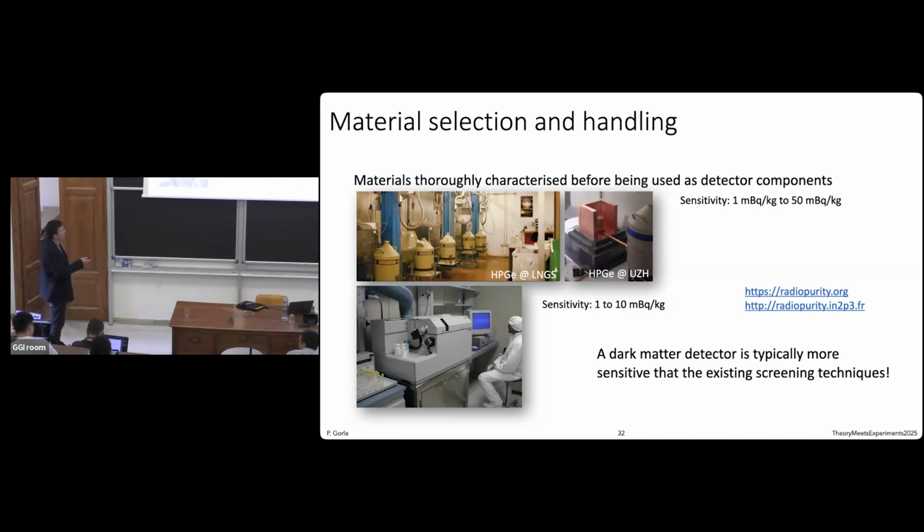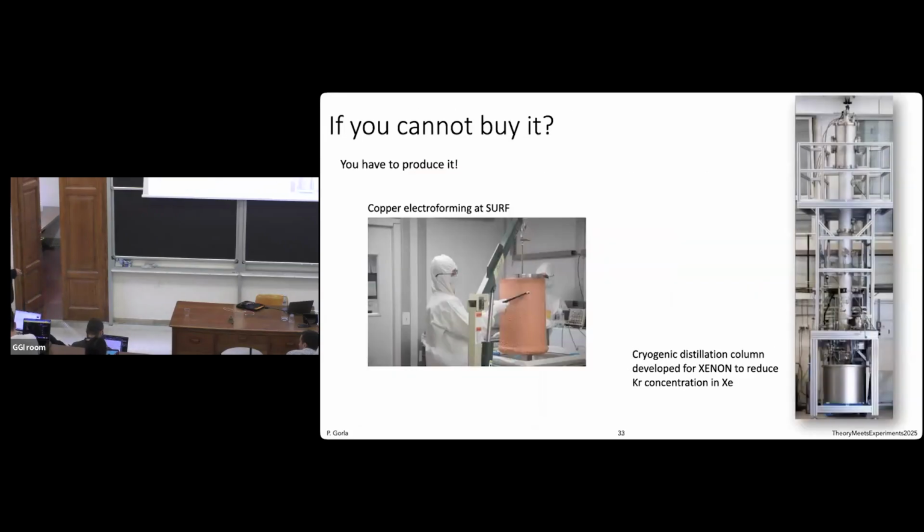So in underground laboratories all around the world, not only in Gran Sasso, you have screening facilities that can push the sensitivity quite below what any commercial vendor can guarantee. But on the other side, still what you need for your final detector very often is lower than any screening technology. So you do your best to select materials, but typically you want a way to actively disentangle the presence of possible contaminants. Same concept: if you cannot buy something, you have to produce it yourself.